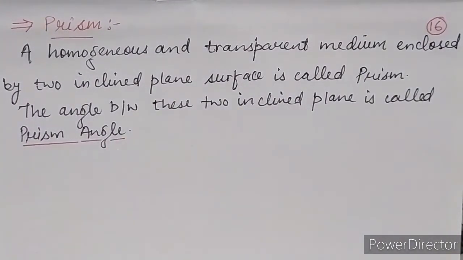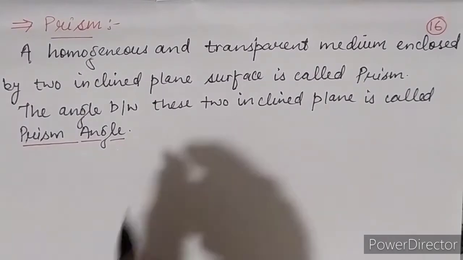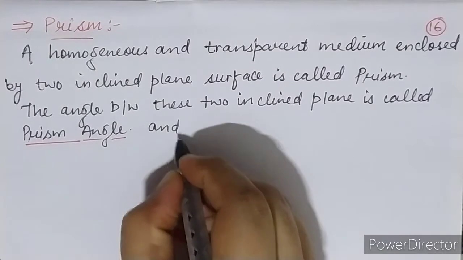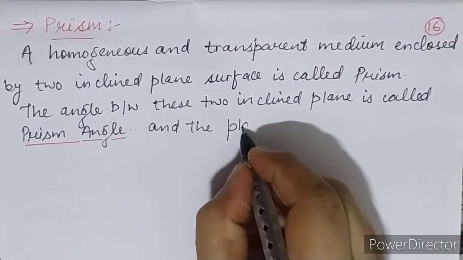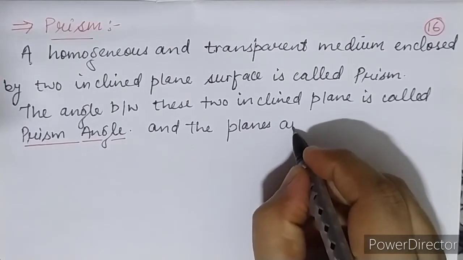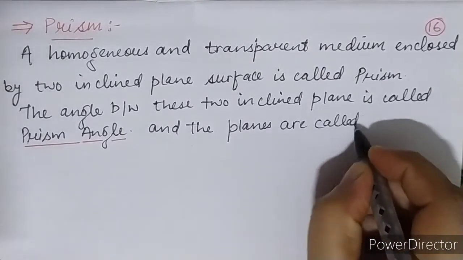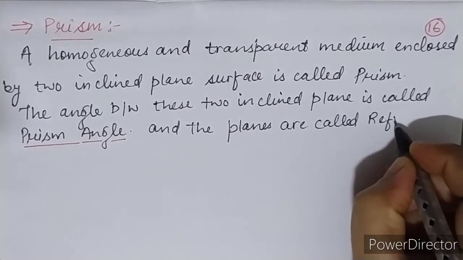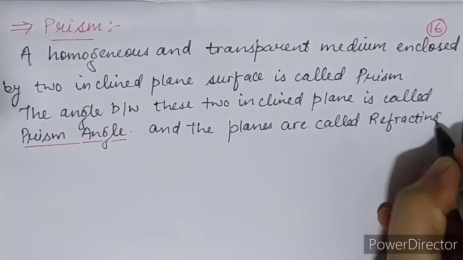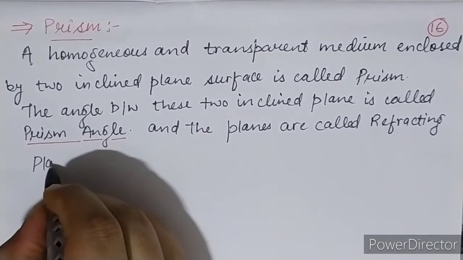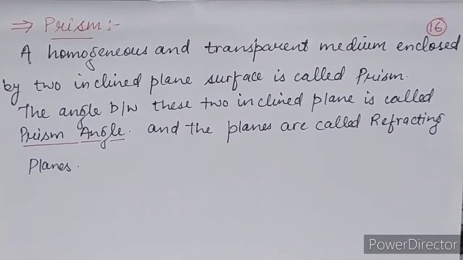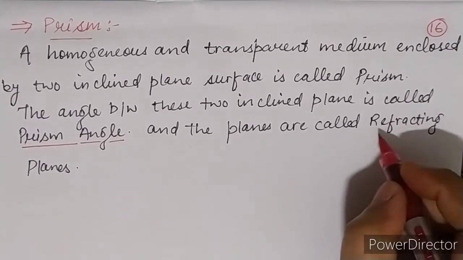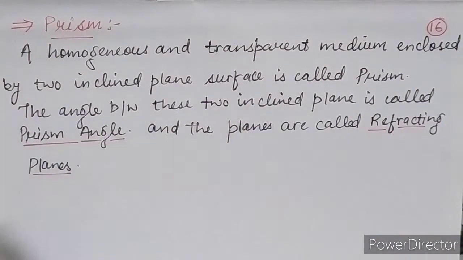Clear, beta? And these planes are called refracting planes. Okay, refracting planes. The section which is perpendicular to these planes is your principal section, obvious, beta. Remember this thing.